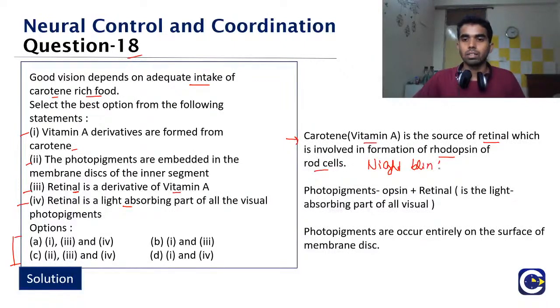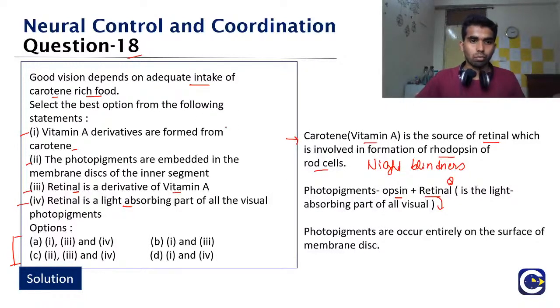It can be asked in the examination. All the photopigments are formed from two things: one is the opsin and the other one is the retinal. Of these two, the component that actually absorbs the light is the retinal. It has also been asked in the examination that retinal is the component that absorbs the light.